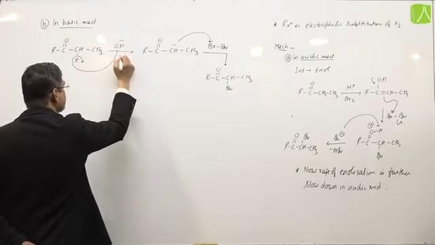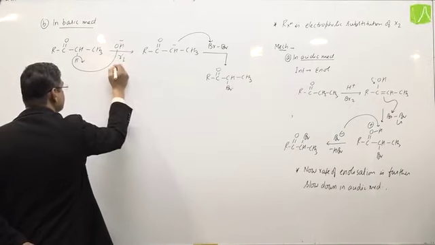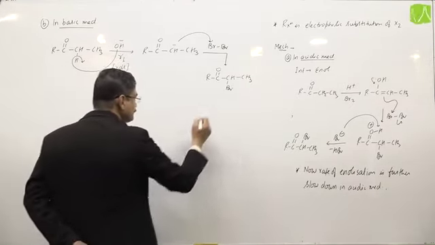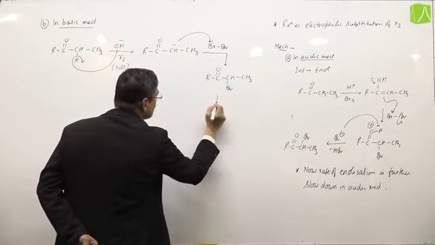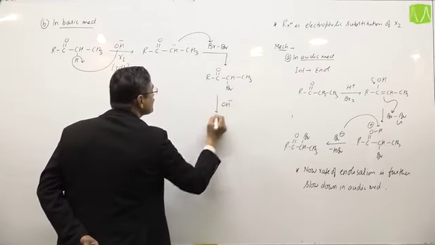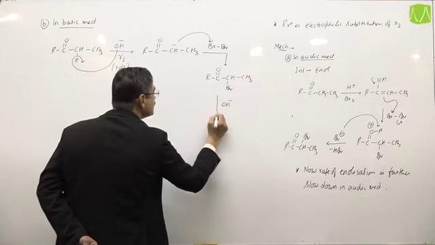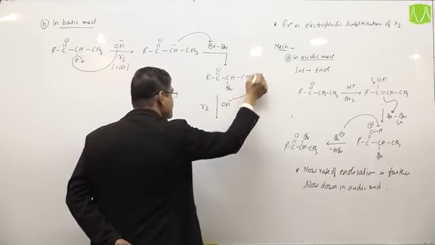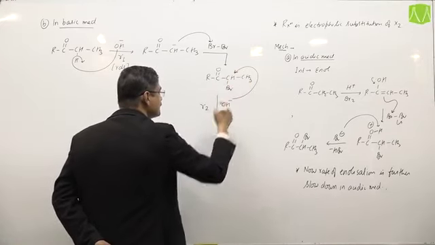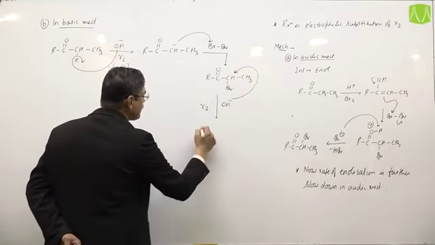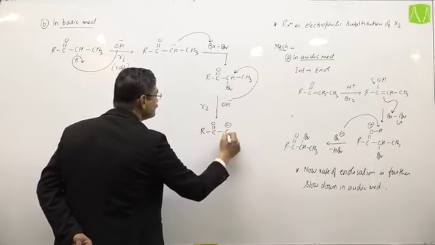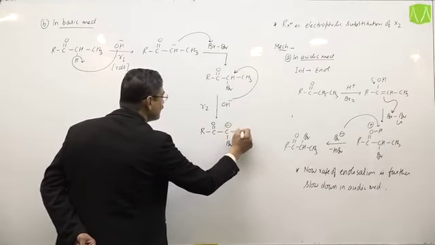Suppose this is the rate R1, and it is known as the rate determining step. Now again OH minus, suppose this is the rate R2. So the acidic strength of this hydrogen increases because of the minus I effect. So R2 is faster than R1.